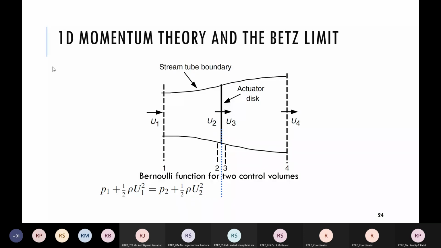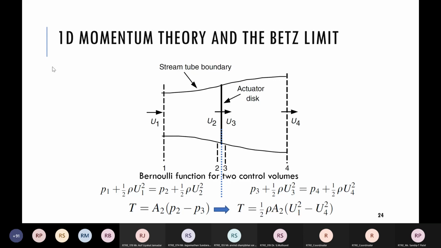So we compare only the pressure head and the kinetic energy head for both volumes. Now the thrust is the pressure difference multiplied by the projected area of the rotor. So P2 minus P3 multiplied by A2 gives the thrust force acting on the actuator disc. If we put the values of P2 and P3 from the two Bernoulli equations, we get thrust equal to 1/2 rho A2 multiplied by U1 squared minus U4 squared.